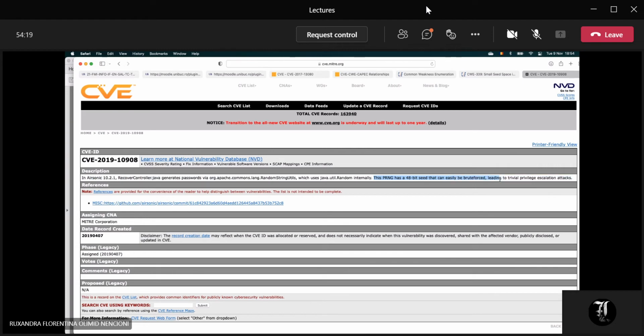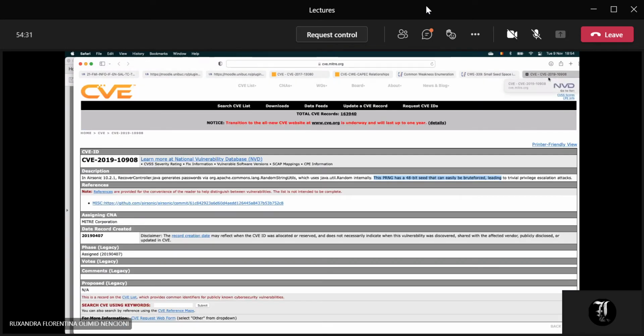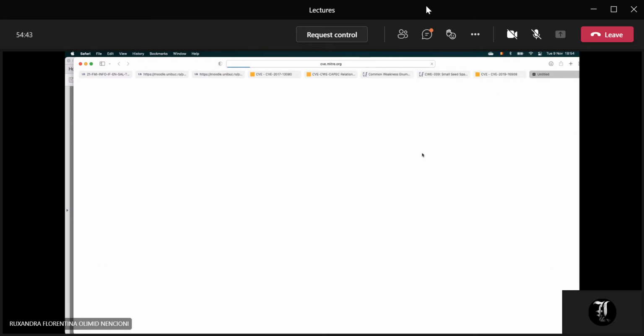It was 48-bit and it was easily broken, and that was not fine, okay? So basically here in the CWE, you have some general things you should not do. And then in CVE, you have, okay, this has been done in practice here, and this is how it worked out badly, okay?